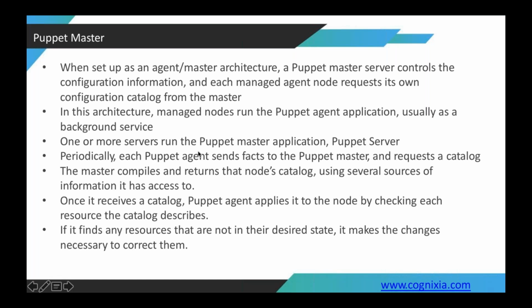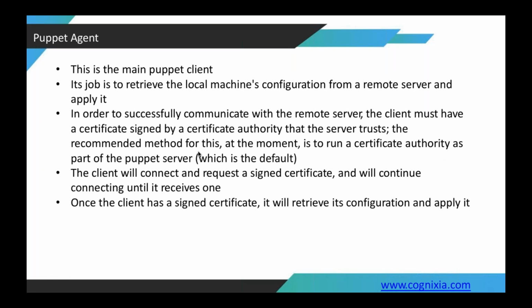So we already discussed this for the Puppet agent. The main function of the Puppet agent is that it gets the catalog, and once it has received the catalog, it will execute the changes.